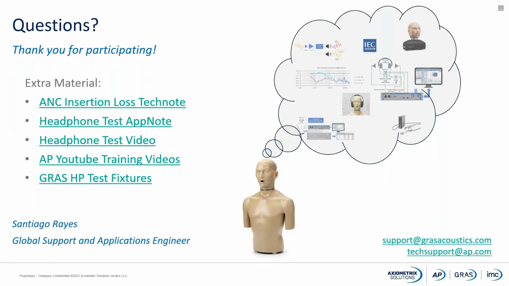Someone is asking, does the 45CC comply with the ITU P.58, and if not, could you please explain why not? No, the 45CC does not comply with the P.58. If you look at the P.58 standard, which you can download from the ITU website, you will see that the standard clearly indicates the shape of the head and torso simulator.